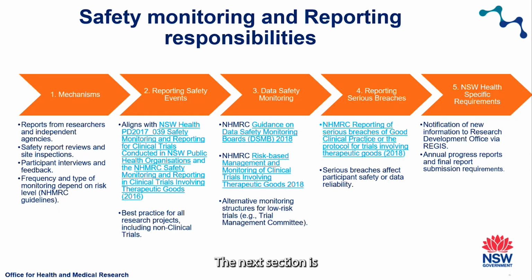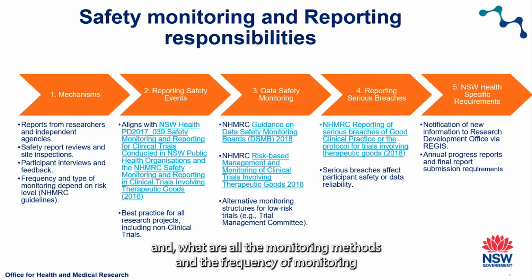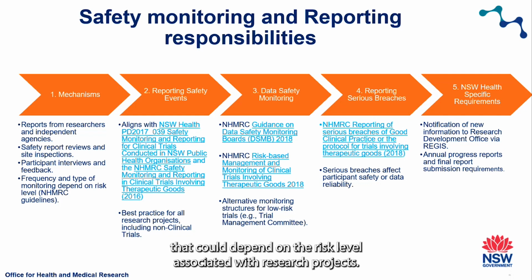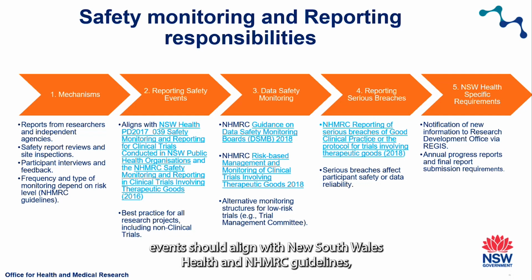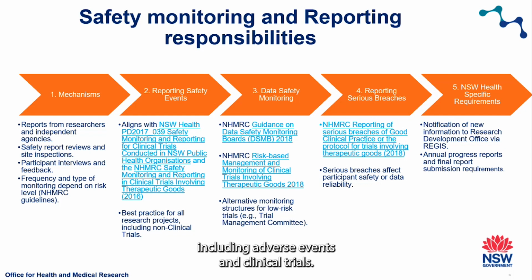The next section is on safety monitoring and reporting responsibilities. What are the mechanisms of safety monitoring, and what are all the monitoring methods and the frequencies of monitoring that could depend on the risk level associated with research projects? Reporting safety events should align with New South Wales Health and NHMRC guidelines, including adverse events in clinical trials.